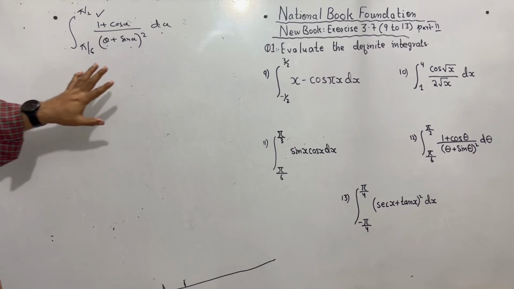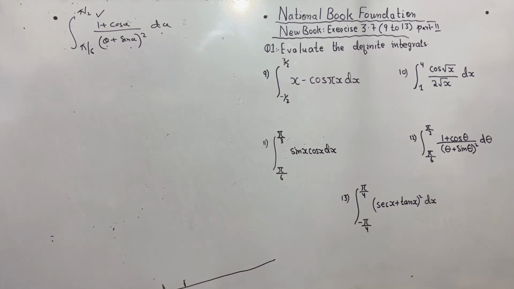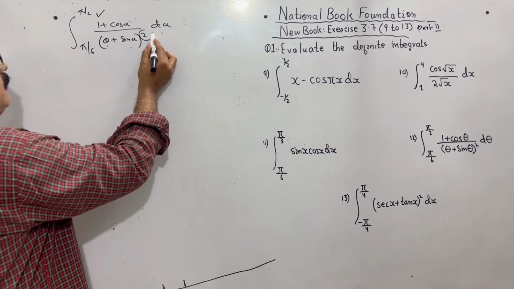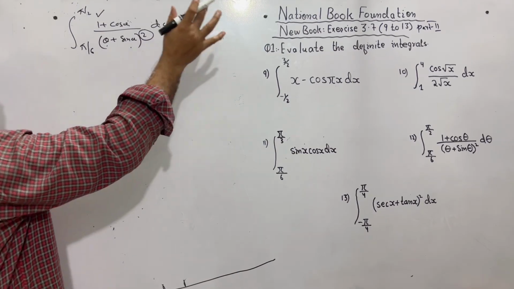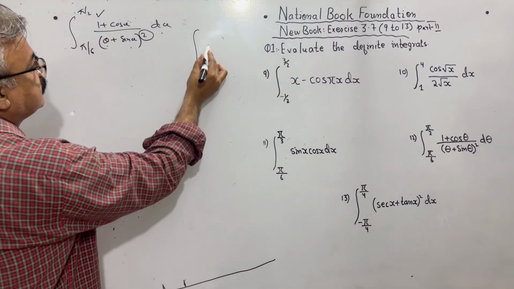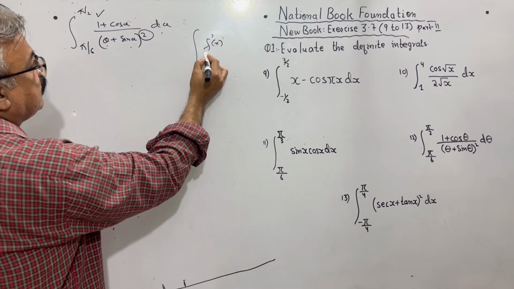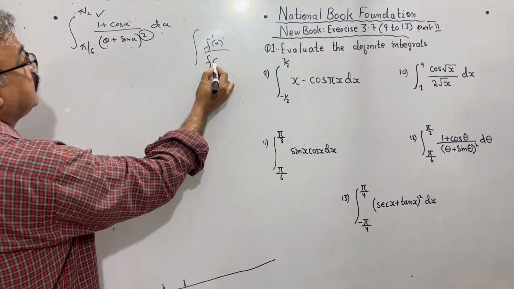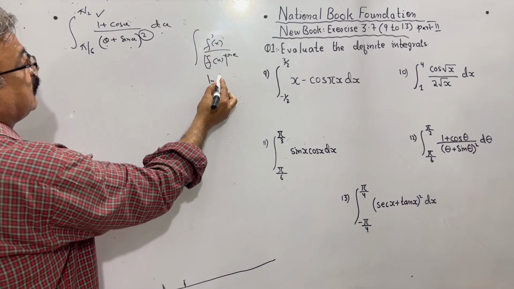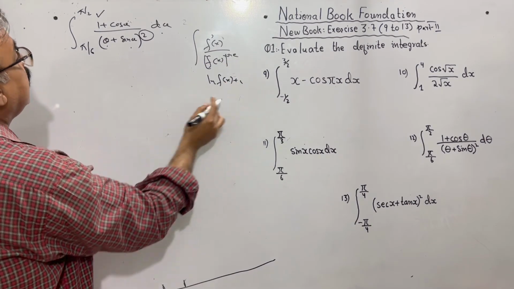However, the function is present in the denominator. Whenever the function is present in the denominator, we have two possibilities. Number one, if it has overall power 1, then it is the case of ln. I have told you several times, differentiation in the numerator, function in the denominator having overall power 1, it is the situation of ln.